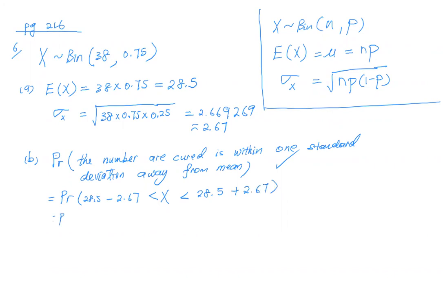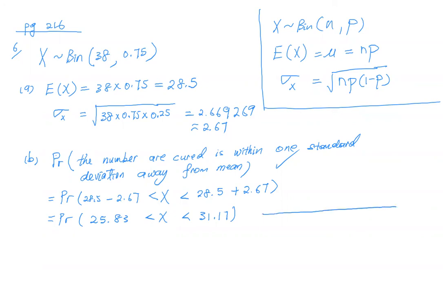So can you please calculate 28.5 minus 2.67? I got 25.83. And 28.5 plus 2.67, I got 31.17.